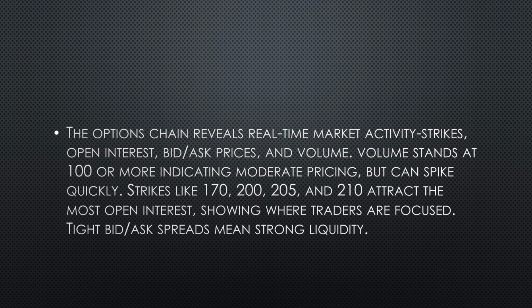Strikes that have volume, like 170, 200, 205, and 210, attract the most open interest, showing where traders are focused. Tight bid-ask spreads mean strong liquidity. This is where strategy meets execution. High open interest marks battleground strikes, and volume tells you whether to lean towards buying or selling premium.